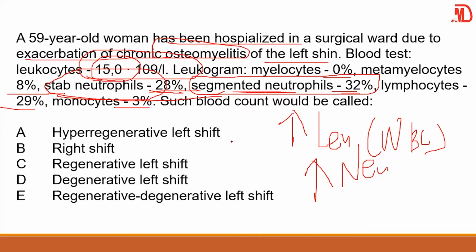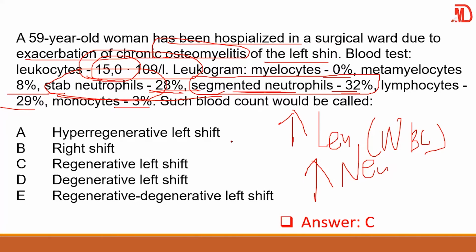Exactly, Ahmed, exactly correct. So this is a regenerative left shift. Guys, I've taken my time to make sure I remove every confusion, because I remember the last time that we did it, the understanding wasn't clear. So please don't confuse any of it. And anytime there's an inflammatory process, mostly left shift will start happening because leukocytes will increase.